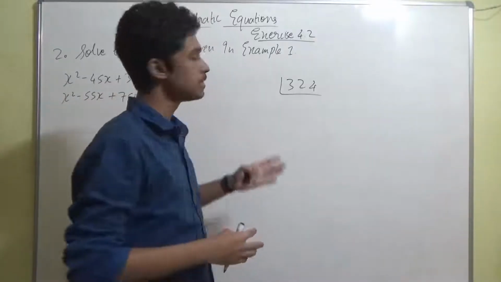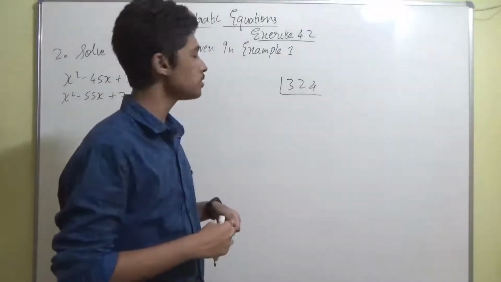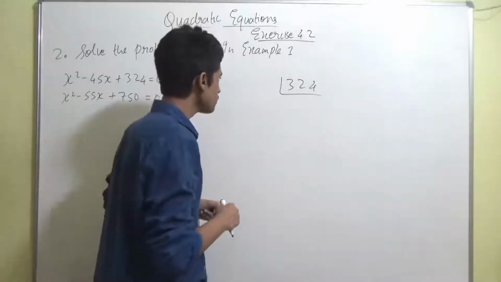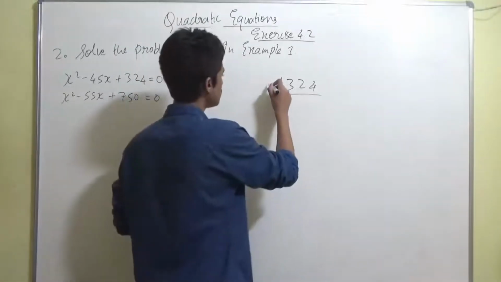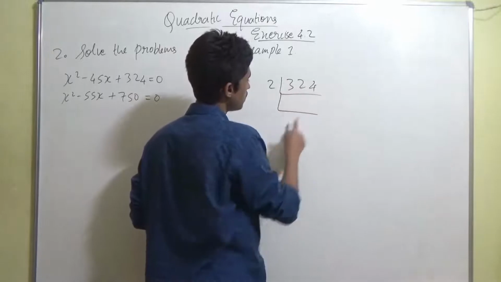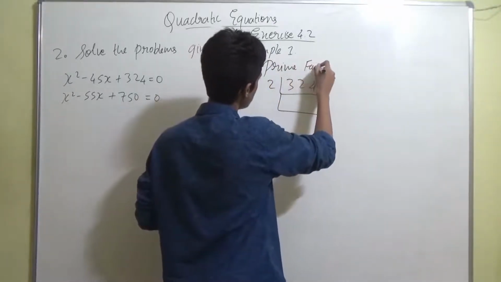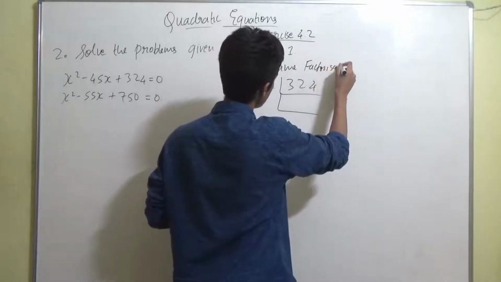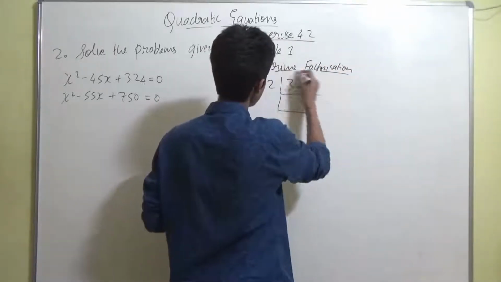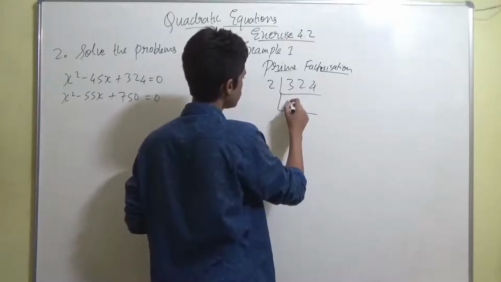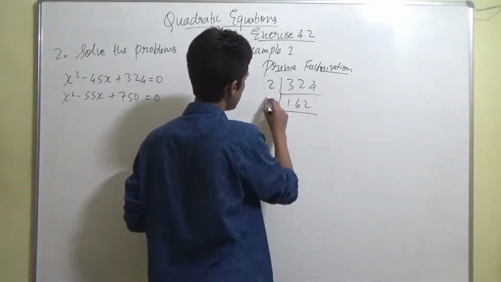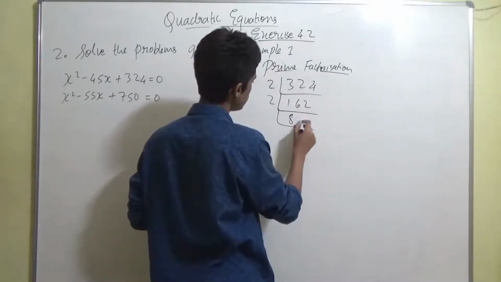Last term 324, right? Now you have got to factorize the number. You know factorization, right? You have to just keep dividing it with prime numbers. Do the prime factorization. When you divide by 2, it becomes 162. Again divide by 2, 81.